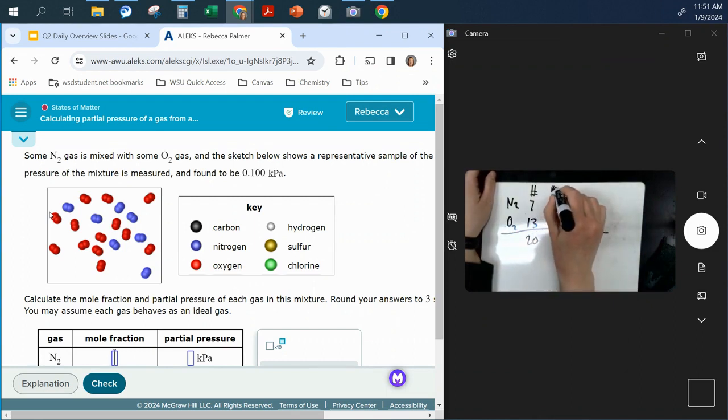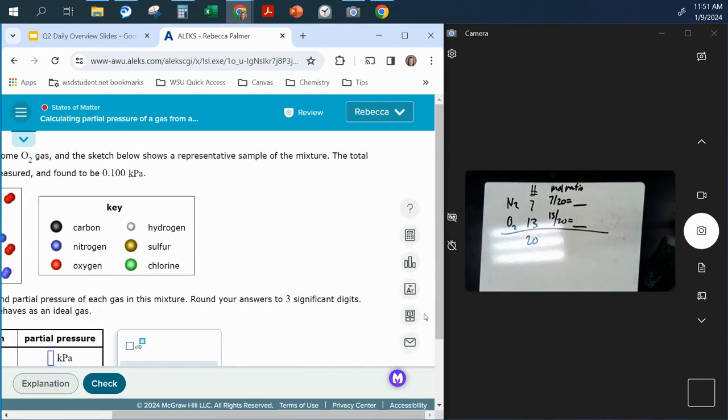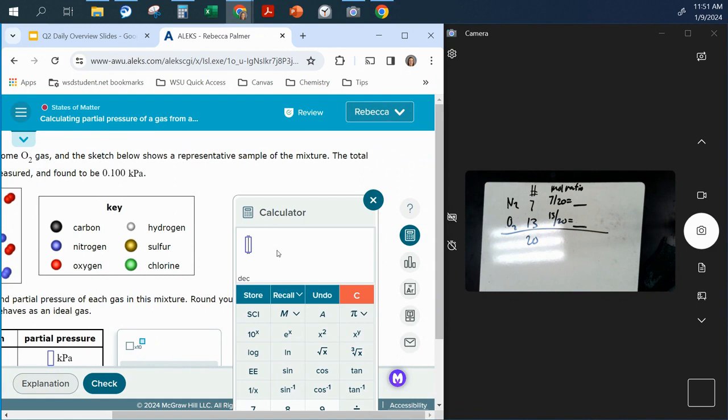The next thing is my mole ratio. To find that, I'm going to do 7 divided by 20 and get a decimal, and 13 divided by 20 to get a decimal. So I'm just finding the fraction. What fraction is oxygen? What fraction is nitrogen?